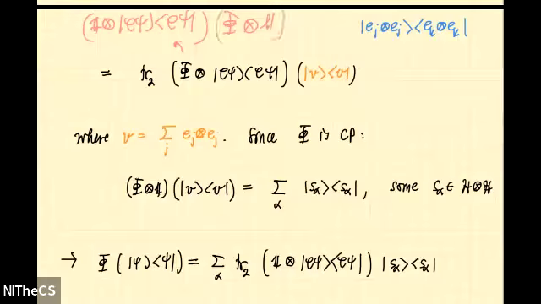Because this phi just acts here. This is this, and this is 1, 1. That's the same thing. So anyway, I'm actually facing phi tensor 1 applied to this VV. Okay, but VV is a rank 1 operator. It's a positive operator for the reasons, if you wish, that we had before when we talked about positivity.